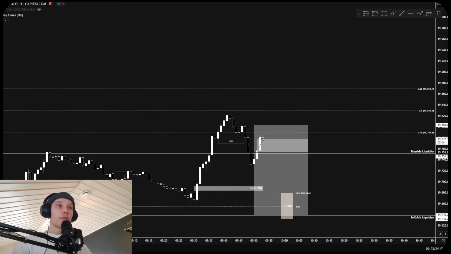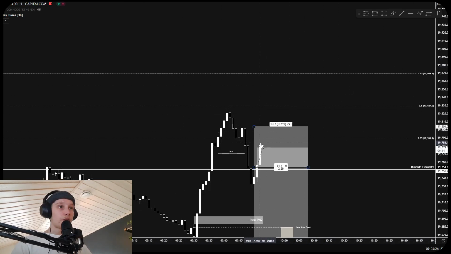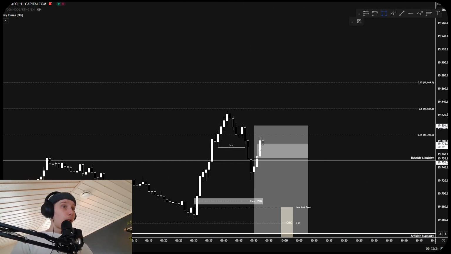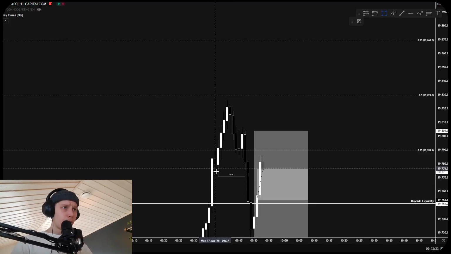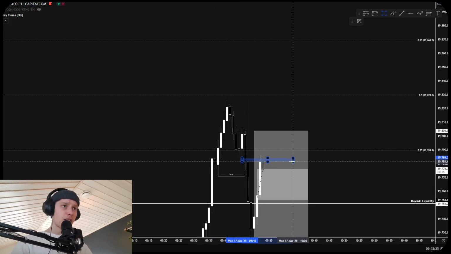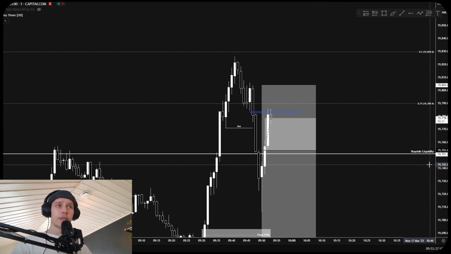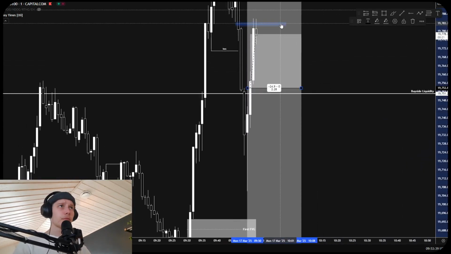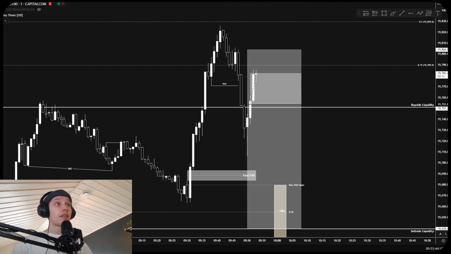It's not very good to see this type of large push back into the fair value gap. We inverse even that one. This is still holding. It's very small. Technically could work here, but I really don't see this as a good trade anymore.